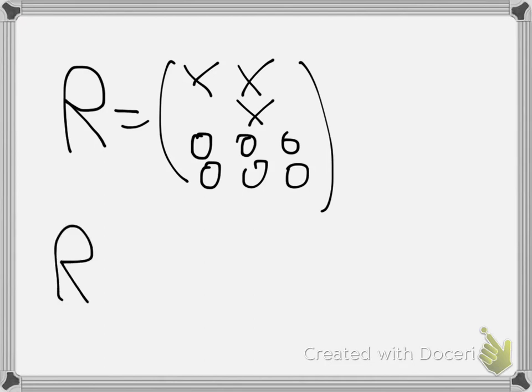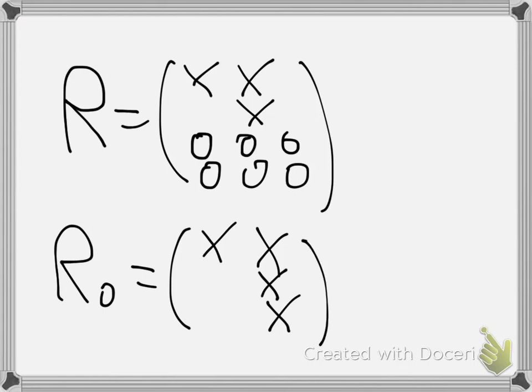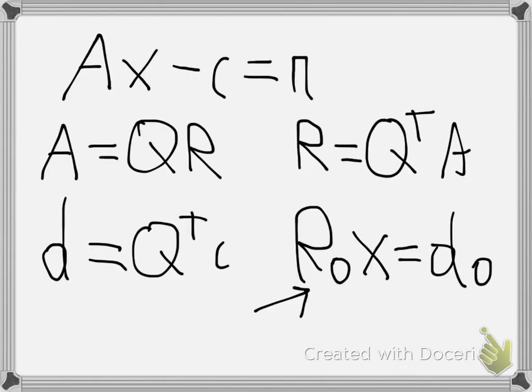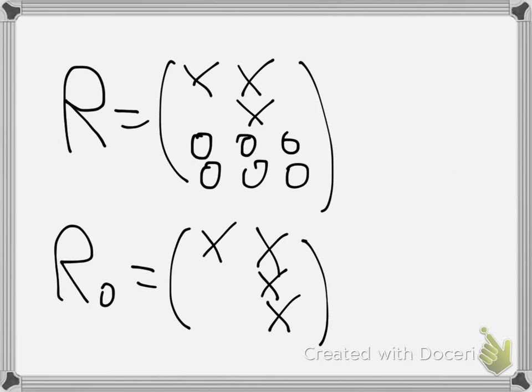So R0 will be the matrix where every row has at least one non-zero element, and D0 basically is defined in a similar way. When you cut some rows in R, you will also cut them in the vector D.